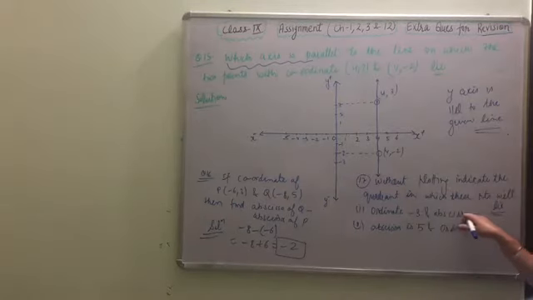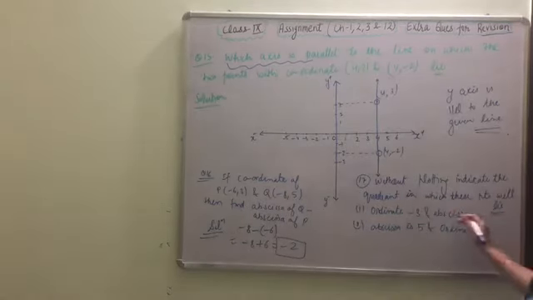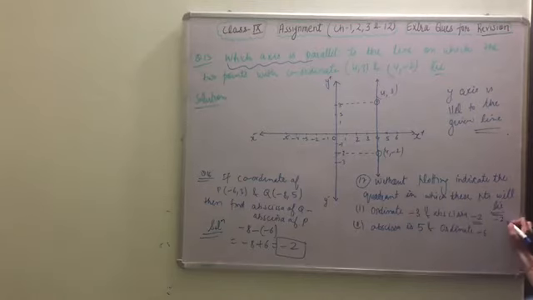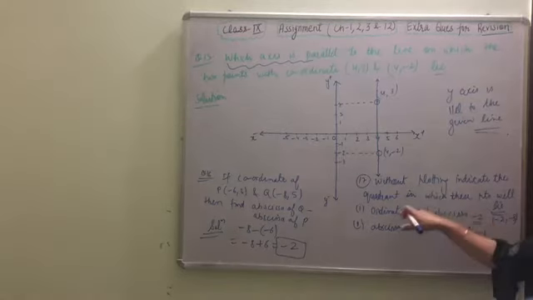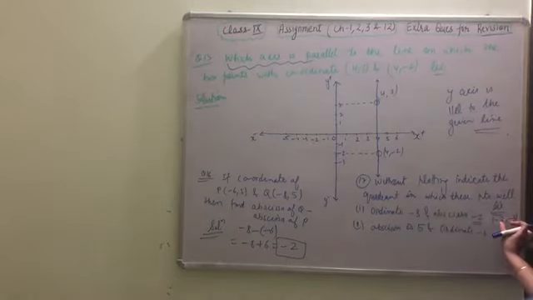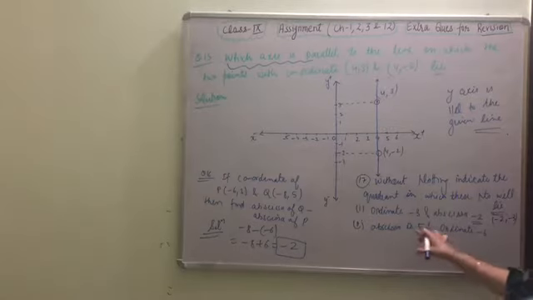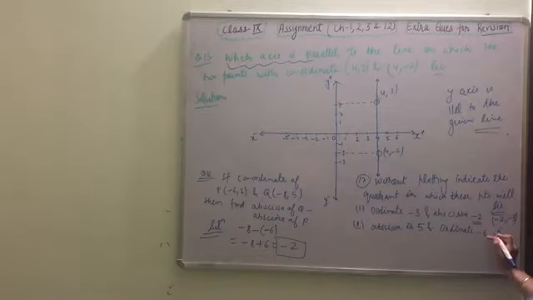Abscissa is given as minus 2, ordinate minus 3. So in ordered form this gives us minus 2 and minus 3. First we write the value of abscissa and then the ordinate, in coordinate form. Again abscissa is 5 and ordinate is minus 6, so the ordered pair is 5 and minus 6.